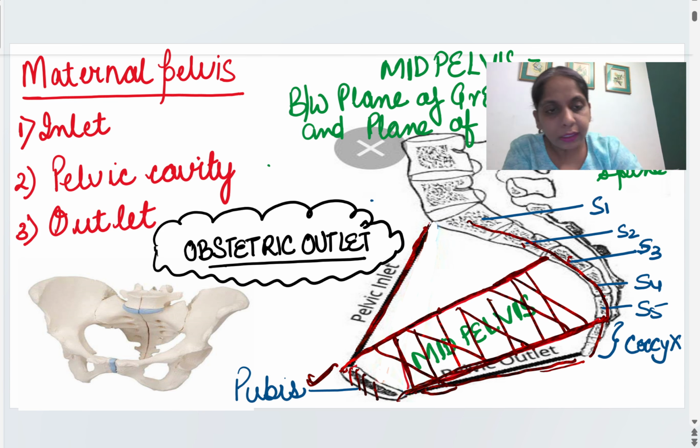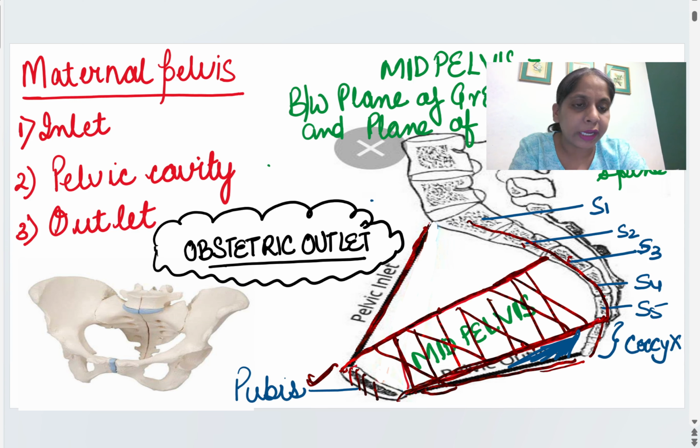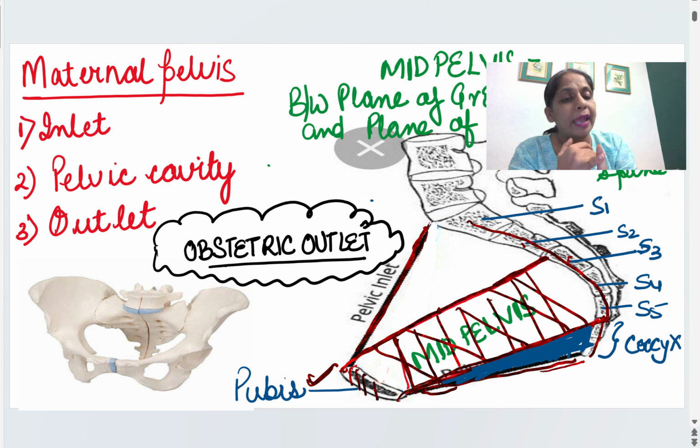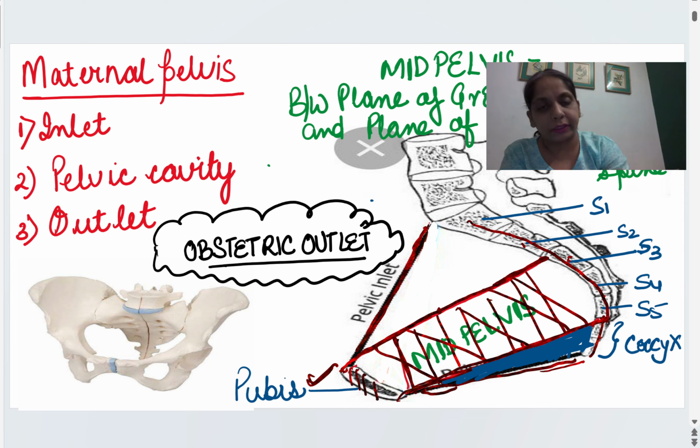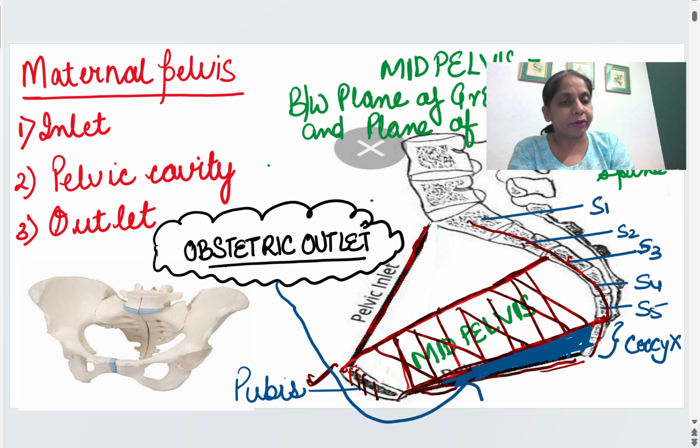This area, the one which I am coloring blue, is between the plane of least pelvic dimension and the anatomical outlet. This area is known as the obstetric outlet. The anatomical outlet is the original outlet, and the obstetric outlet is a cavity between the plane of least pelvic dimension and the anatomical outlet. This was also one of the options, so I explained it.